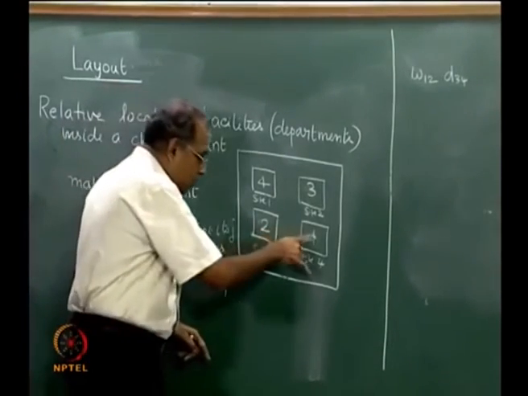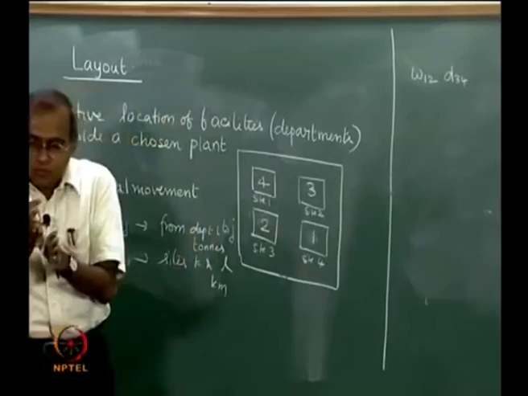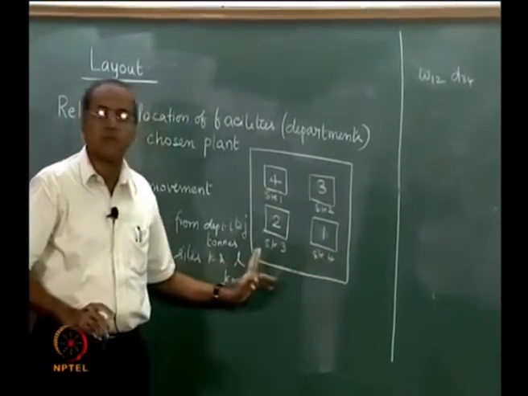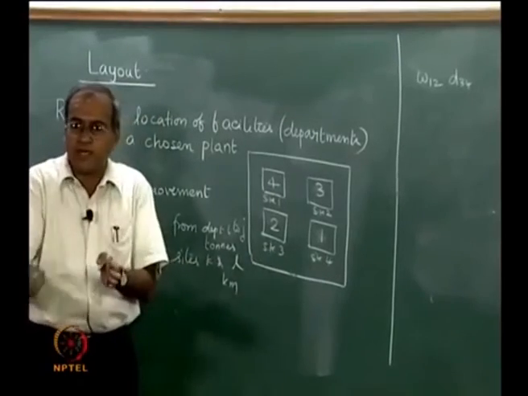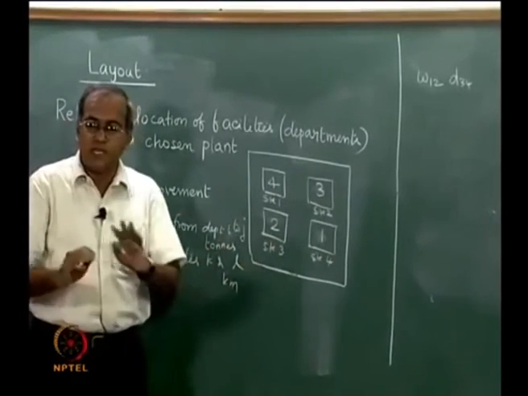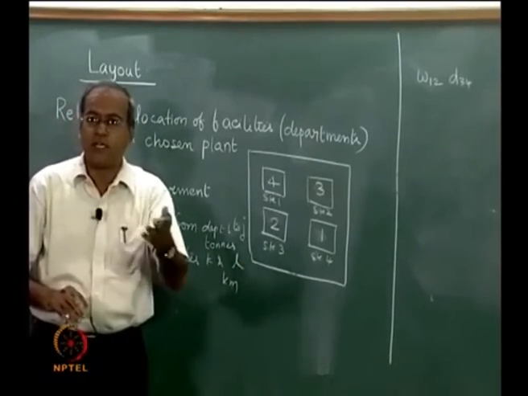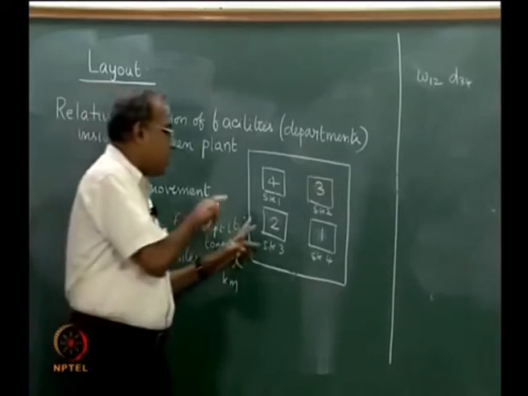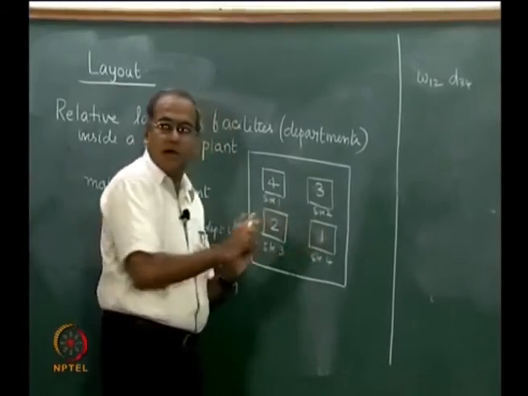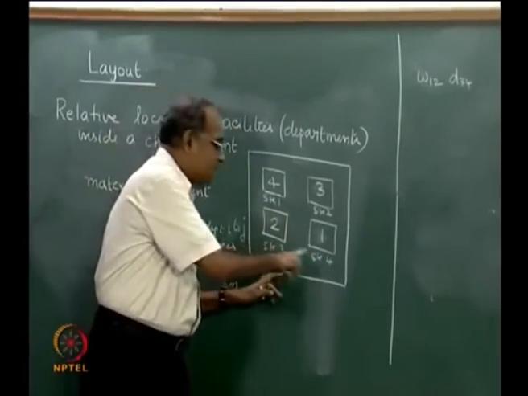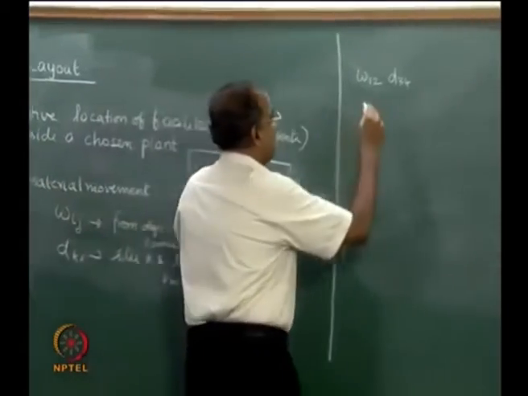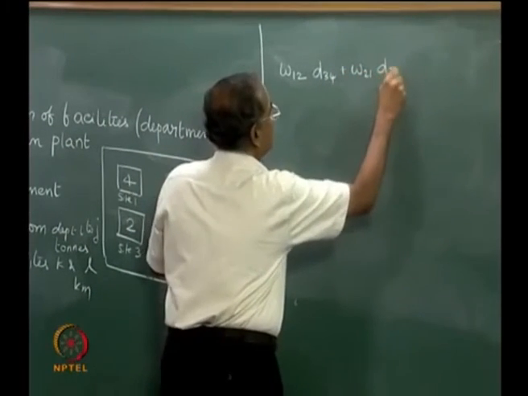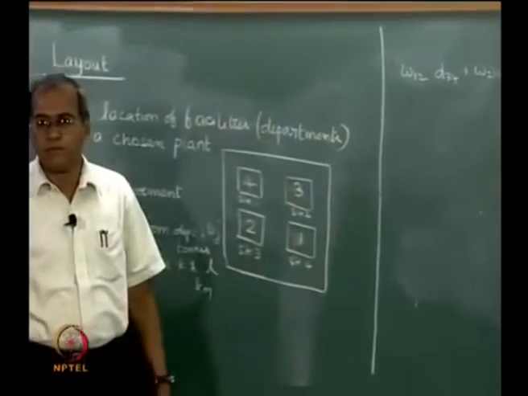So, W12 amount of material moves from 1 to 2 and moves a distance of D43, from 4 to 3 it moves. We will assume by symmetry that D43 is the same as D34. Similarly, whatever moves from 2 to 1 will also move the distance d34. So, we will have W21 into d34.